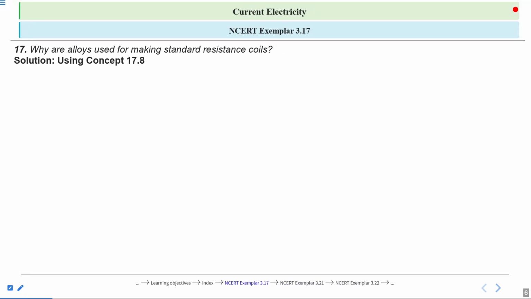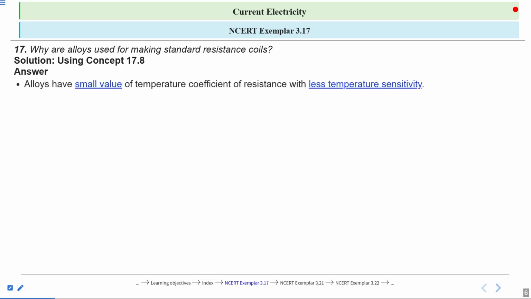Using concept 17.8, which is the number in your formula book, let's see the answer. Alloys have a small value of temperature coefficient. So the alpha for alloys is very small.